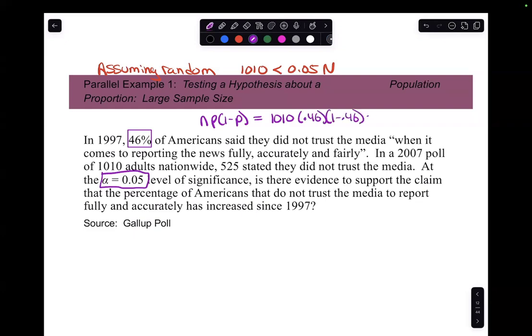I'm just going to put this in my calculator and get a number. 1010 times 0.46 times 1 minus 0.46 is 250.884, which is greater than or equal to 10.